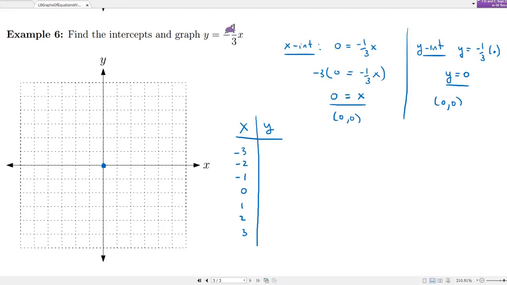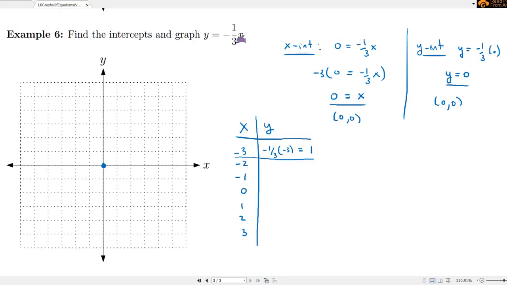So plugging in -3 for x, what are we getting? Well, the 3's cancel or reduce and the negatives cancel, so I get +1, right? If you're ever worried that you're not pairing the numbers right, you can fill in with horizontal lines here.